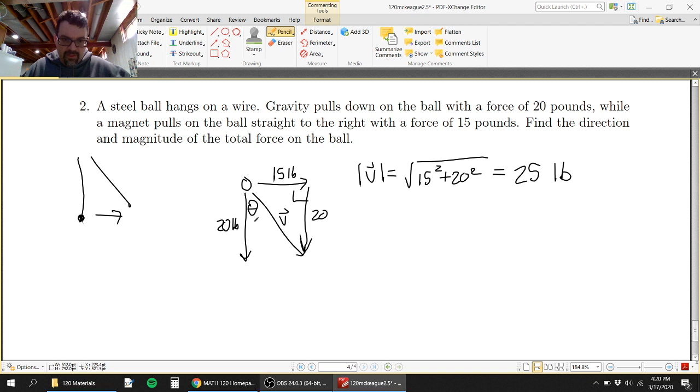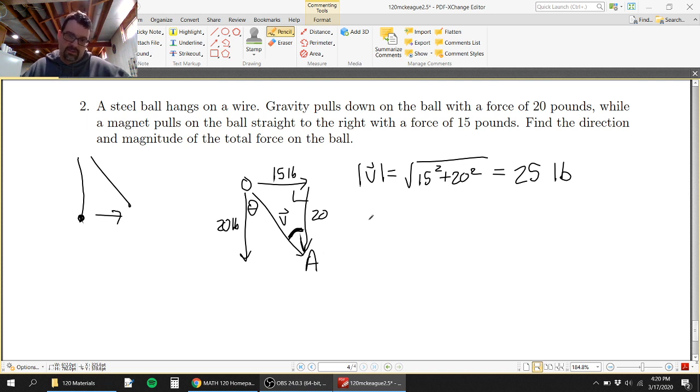Direction, well, theta here, the two 20s are parallel to each other, which means theta here is the same, alternate interior angles, with that angle right there. So if we just figure out that angle, we'll have figured out theta. So we think about that. Here, let's put an A there.